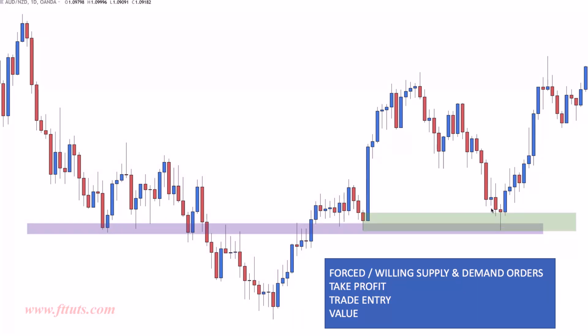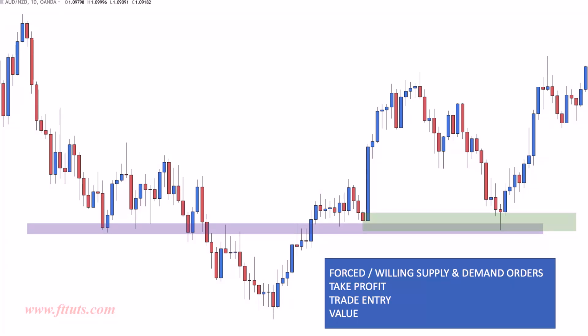So you've got a lot of forced and willing demand here. And again, the question you always have to ask when entering at a level technically is, why would there be more supply at this level than demand, right?